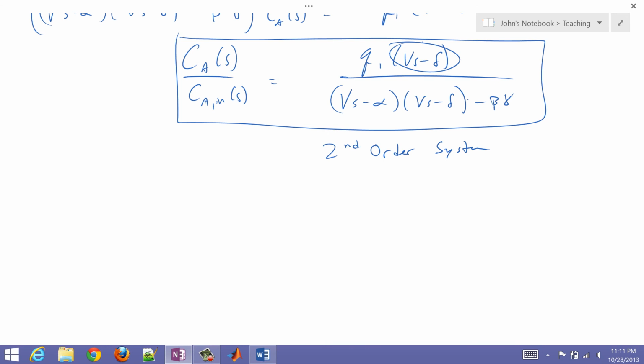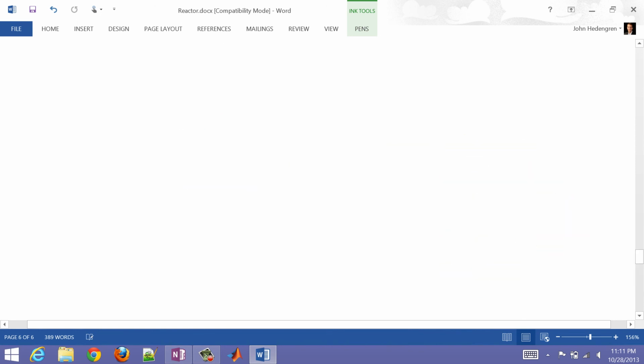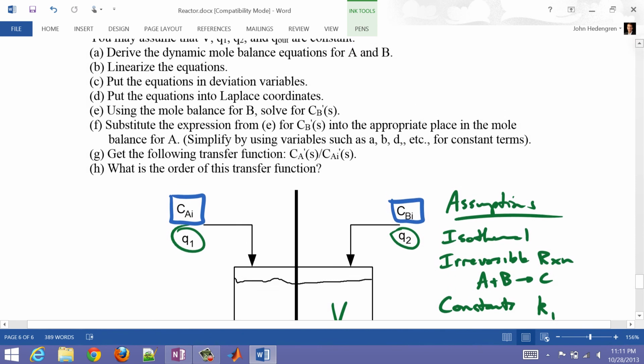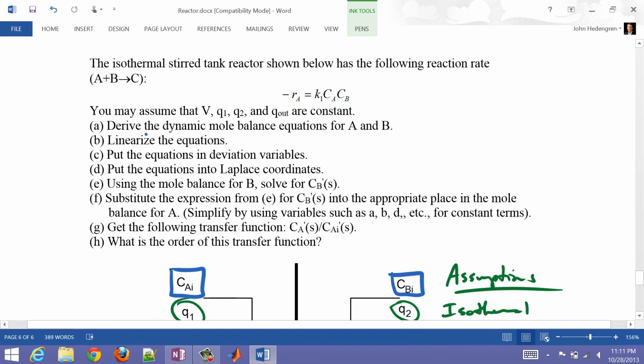Let me go back to see if we were able to answer everything from this problem. Let me review the steps that we took. We derived the dynamic mole balance for A and B. We linearized the equations. We put them into deviation variable form, so if you remember the prime right there, then we put it into Laplace coordinates, and then we solved for CB.